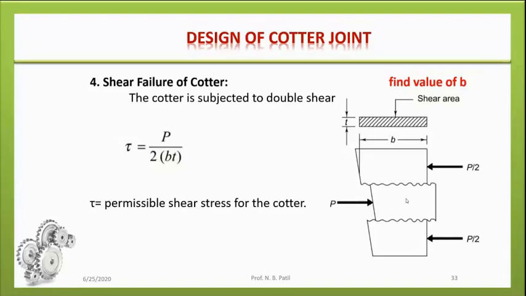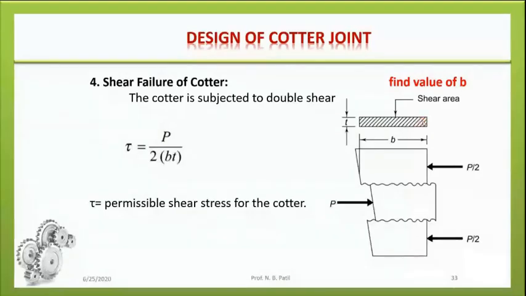So if the actual load P is applied, then this much of the part comes up with the spigot, and these two parts go with the socket, and actual shear takes place along that area. So from that double shear, the shear area, if we see it in a top view, is B multiplied by T. Along that area shear takes place.